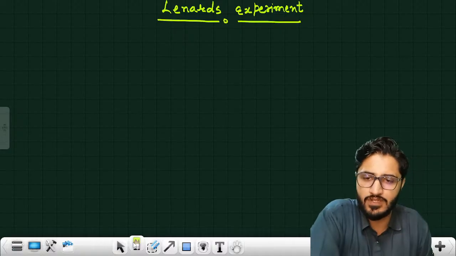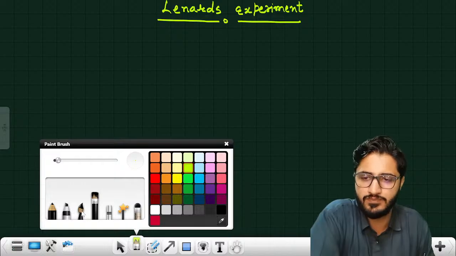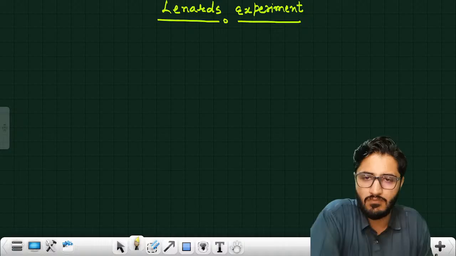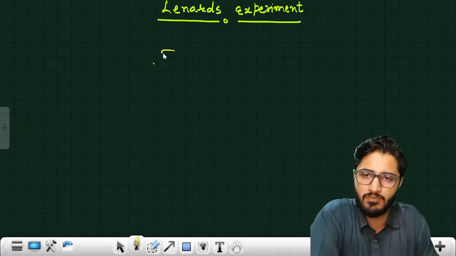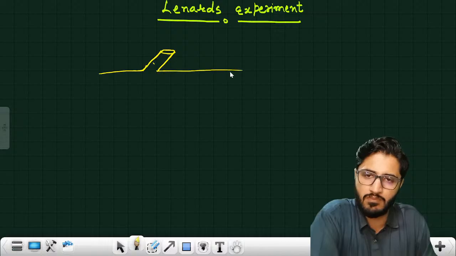So I will firstly make the experimental setup. Here we are having a test tube.